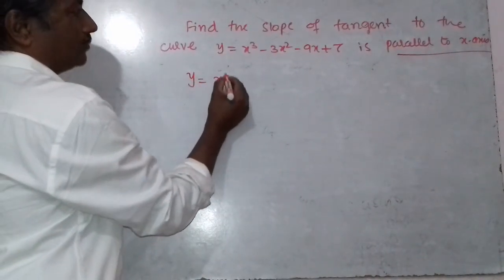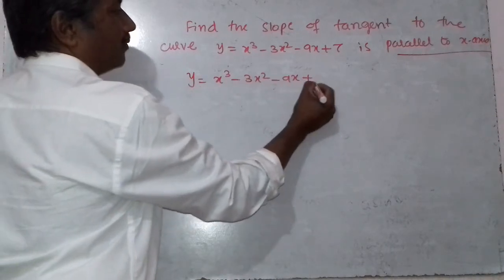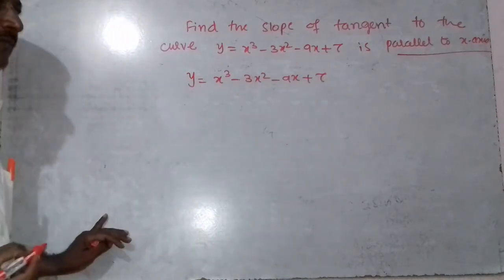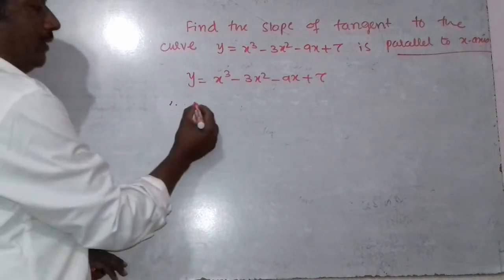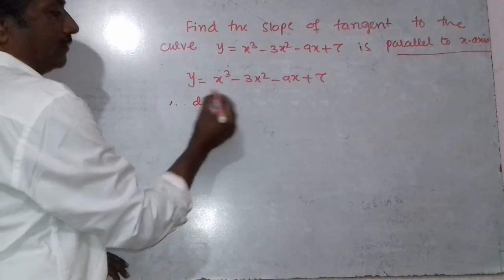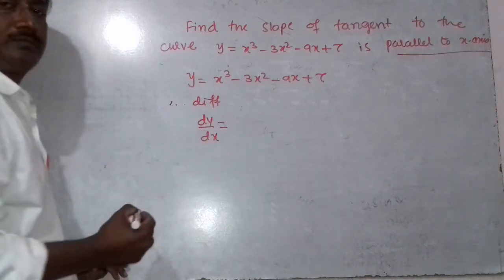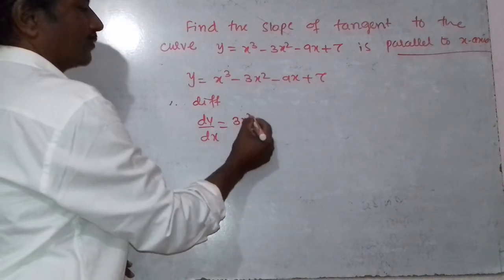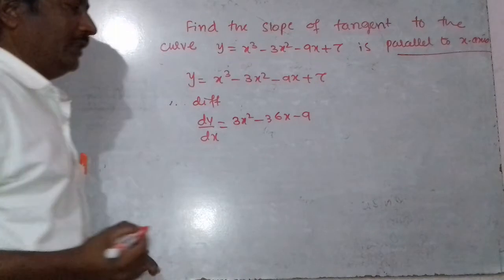y equal to x cube minus 3x squared minus 9x plus 7. Therefore, differentiating, dy by dx equals 3x square minus 6x minus 9.